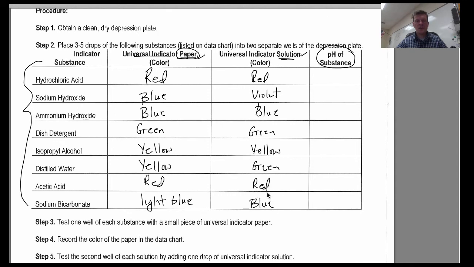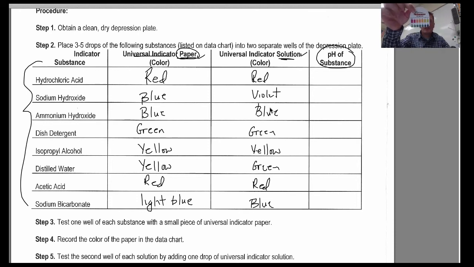Okay. Now, with these different indicators, the color is going to match up to a certain pH, and remember, pH is telling us how acidic or how basic it is. If we're using the indicator paper, it comes with a little chart. Hopefully you can see that okay.